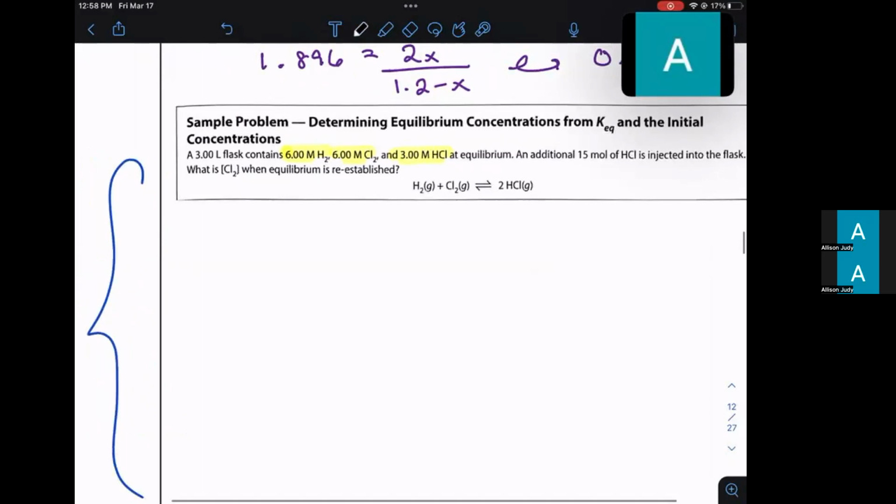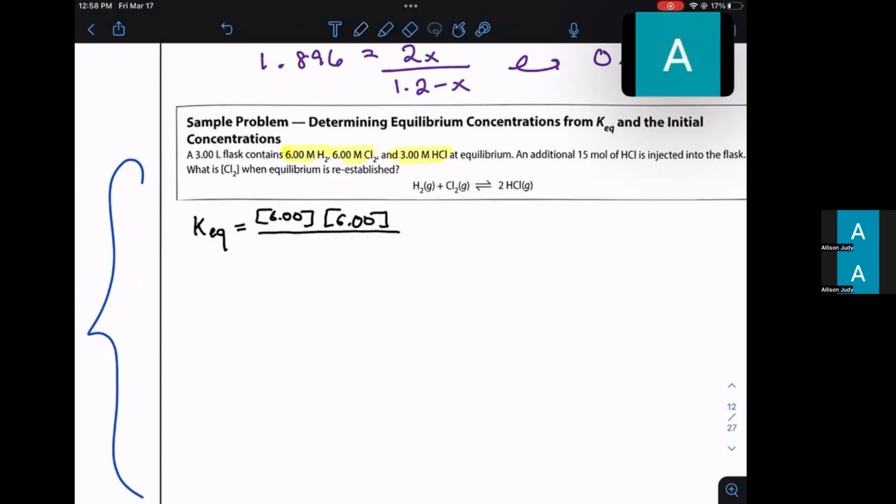If you were to actually just solve for the KEQ, you would set up an expression with your products over your reactants. So concentration of H2, 6 molar, times the concentration of Cl2, also 6 molar, over the concentration of, oh, did I do that wrong?